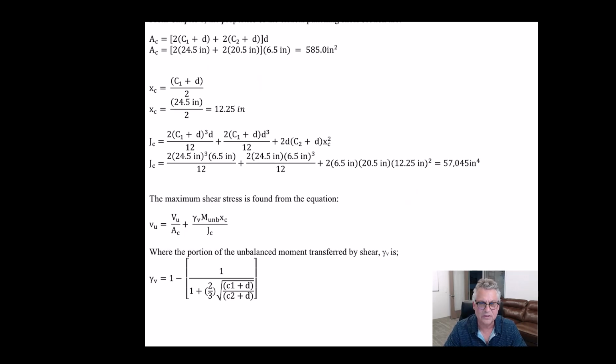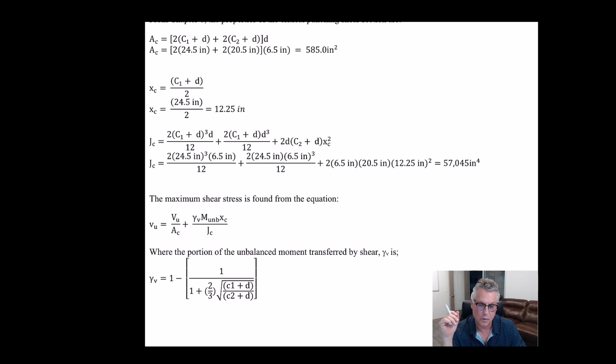That difference is the moment that has to get into the column, and that is the moment that's creating a shear stress. It's the resistance of the column that's creating problems for us in the slab. There's additional stresses happening because that column's resisting the bending that the slab wants to do. So there is an unbalanced moment.